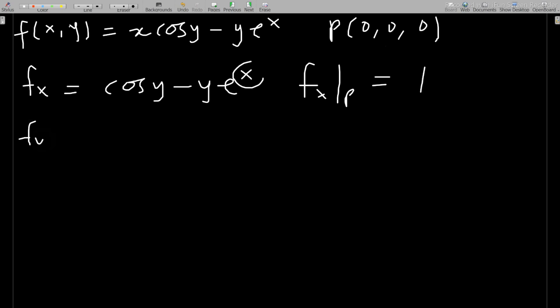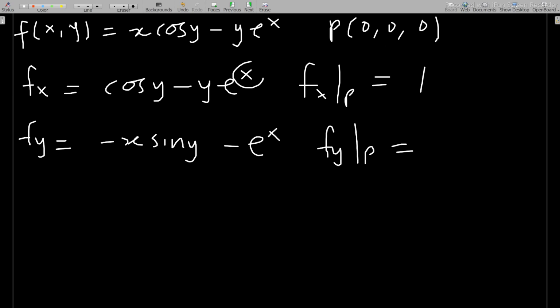Then f_y is equal to minus x sin y minus e to the x, and f_y at P will give us -1. Just put 0, 0 in place of x and y, and we are good to go, because we know that z naught is equal to 0.